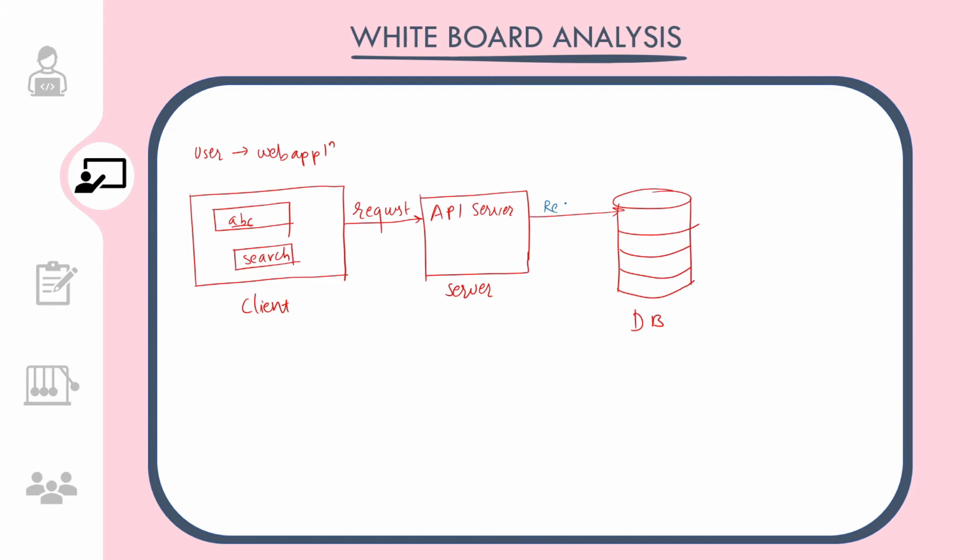The API server requests the database for the entry entered by the user using SQL, also called structured query language. The database will then respond with the input which the user needs.